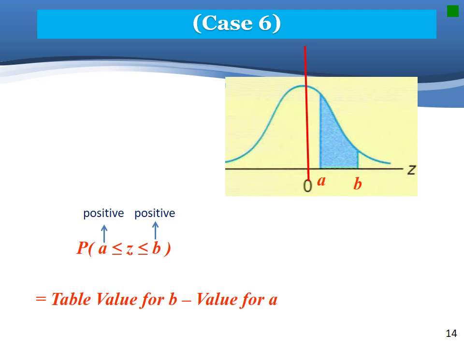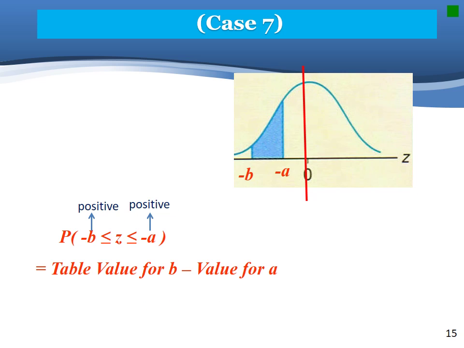When z is between two positive numbers, the area, the probability, will be the difference of the values in the table corresponding to the two z-scores, B and A. Similarly, when z is between two negative numbers, the area, the probability, will be the difference of the values in the table corresponding to the two z-scores.